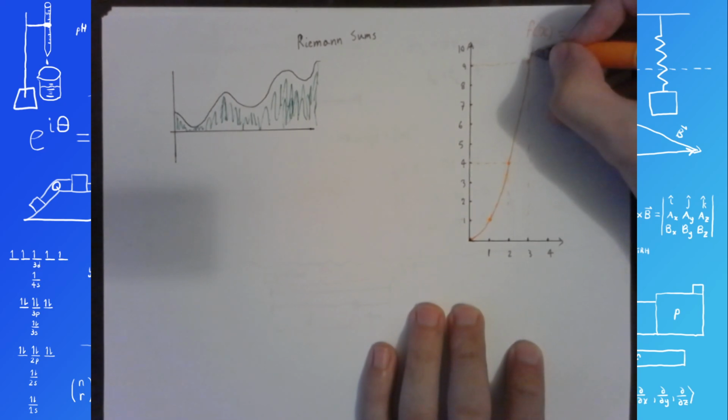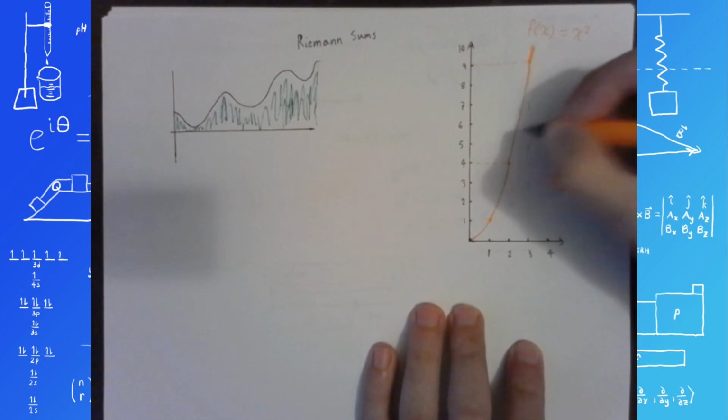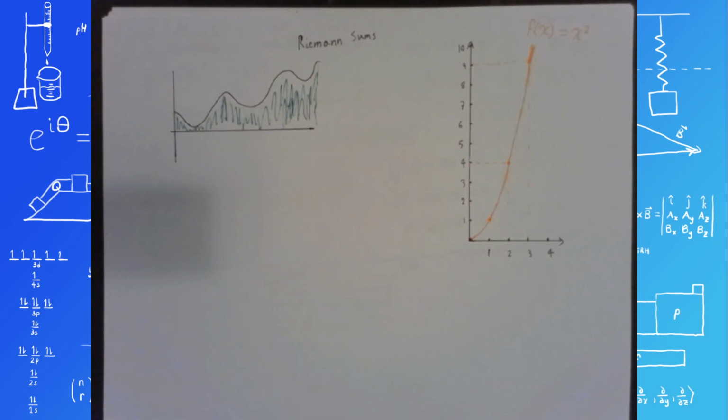Okay, that's about as good as it's going to get. Something like this. Okay, so there's our graph of f of x equals x squared.